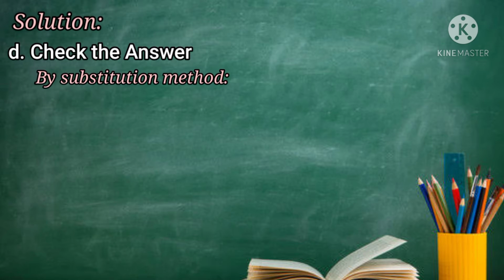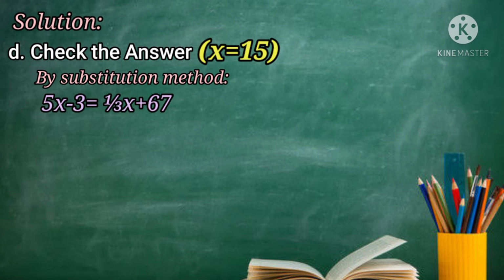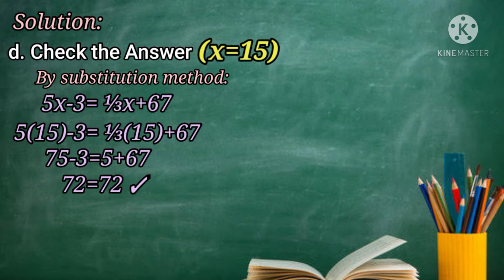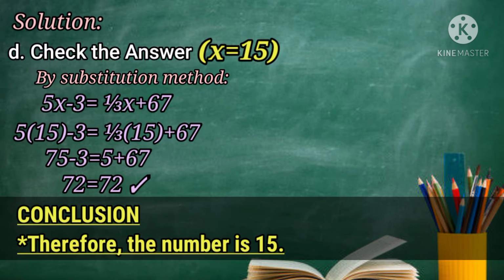So, we substitute our solved value of x to our original equation. So, we have now 5 times 15 minus 3 is equal to 1/3 of 15 plus 67. So, we solve this. 75 minus 3 is equal to 5 plus 67. 72 is now equal to 72. Therefore, our number is 15.